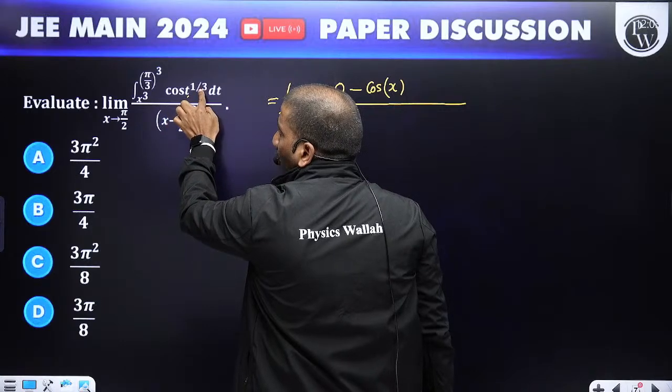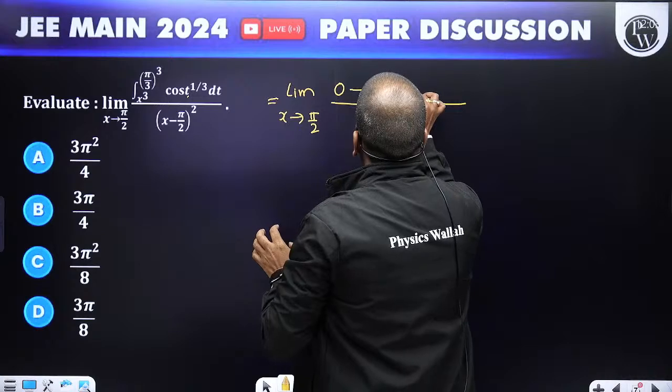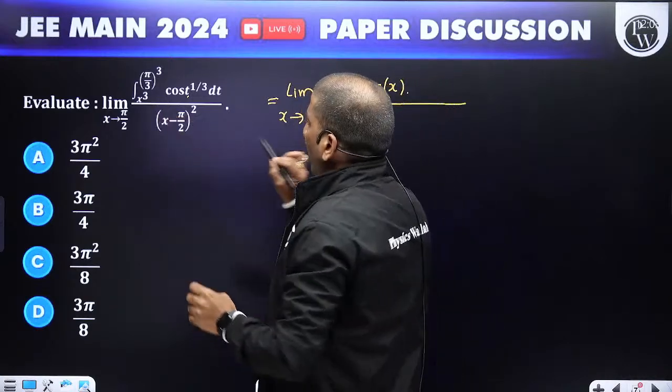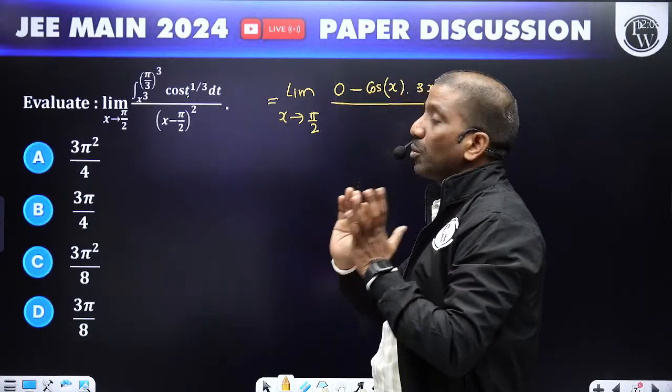So cos of x cube power 1 by 3 becomes cos x. Afterwards, the derivative of x cube, we need to write 3x square. We are applying the Leibniz rule.